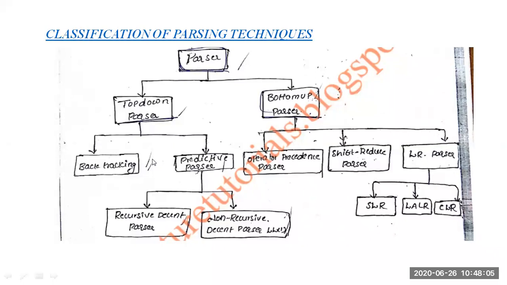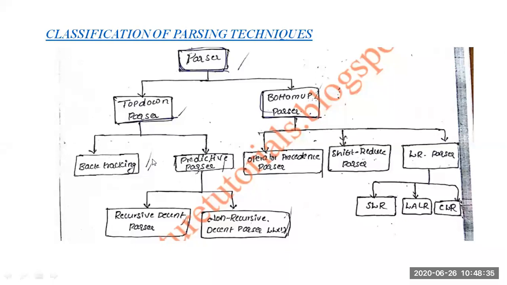That type of parsing is called the bottom-up parser. Clear? Top-down parser starts with the root node and reaches the leaf nodes. If you start with leaf nodes and go back to the root node, it is called the bottom-up parser. Those are the two types of parsing. Top-down means simple: we start with the root node and we come to the leaf nodes.